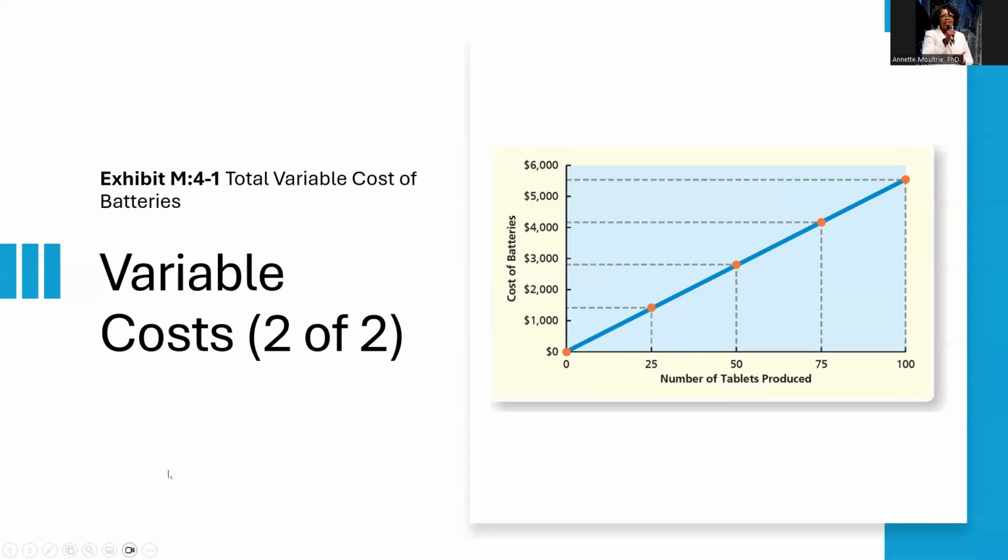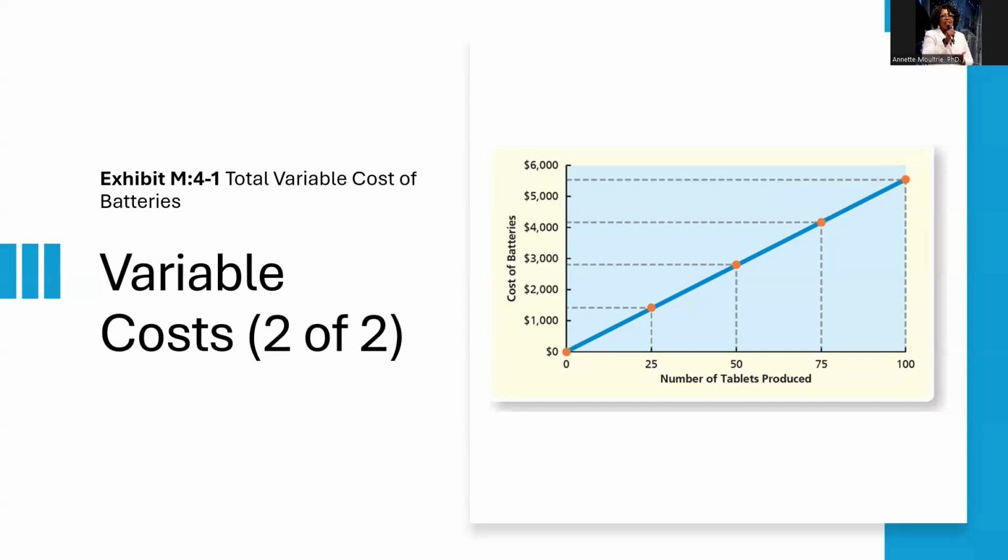So the slope of this line represents the variable cost per unit, calculated as the change in total battery cost, which is the vertical axis, divided by the change in tablet production, which is your horizontal axis.